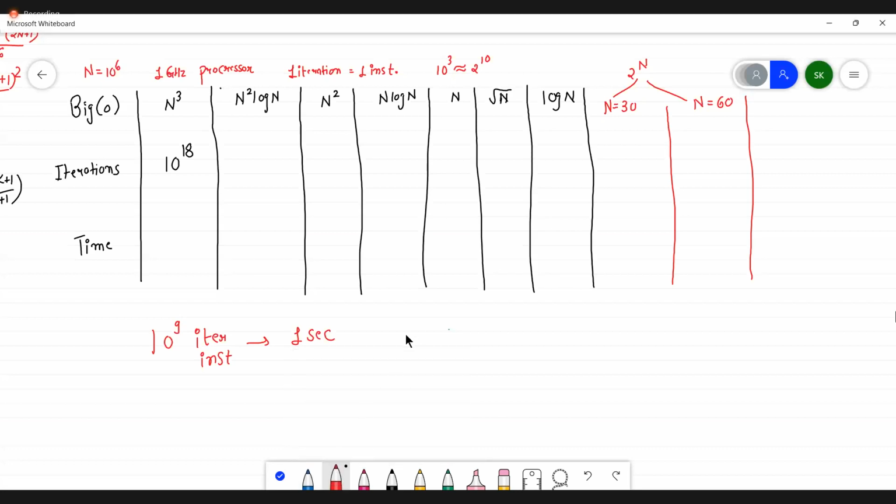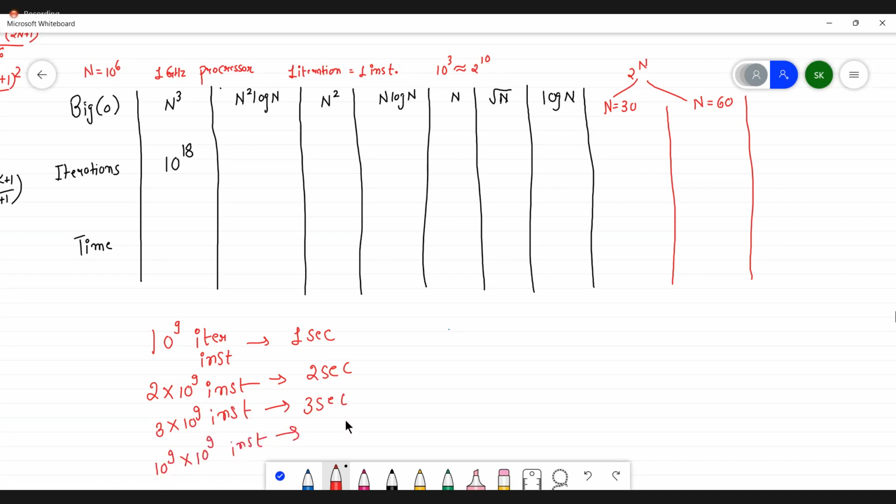Aman, if you were there in the class, I told you all, if it is 2 into 10 to the power 9, let's suppose the value is, then what will be the time? 2 seconds. If it is 3 into 10 to the power 9 instructions, then 3 seconds. So now the value is 10 to the power 9 into 10 to the power 9 instructions.